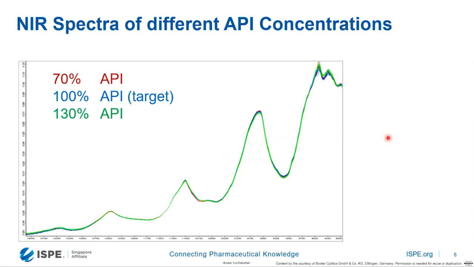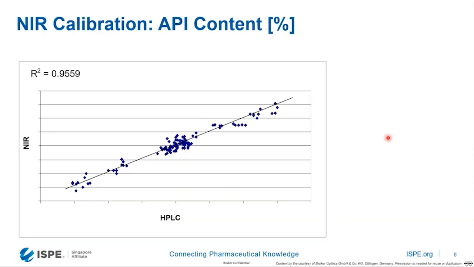However, if we compare this result with the actual HPLC or GC concentration of the API, we can develop a precise calibration model, and then we can use this for quality control in a much faster way. Let's say you can measure 30 tablets in a matter of an hour instead of waiting days and days for the quality control, and this will lead to the safety of the consumer.